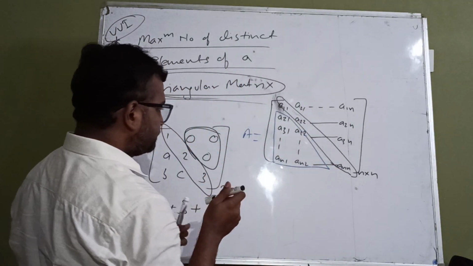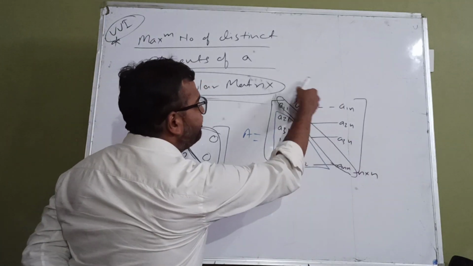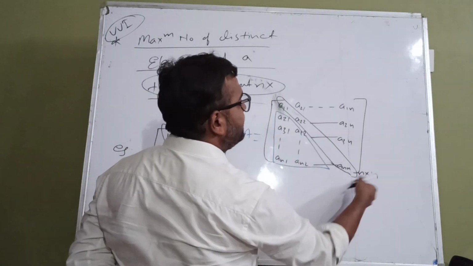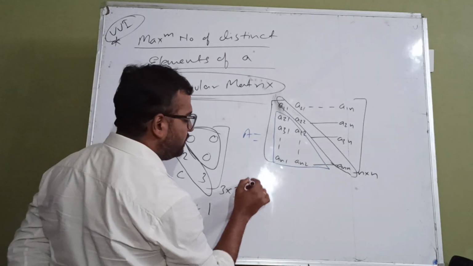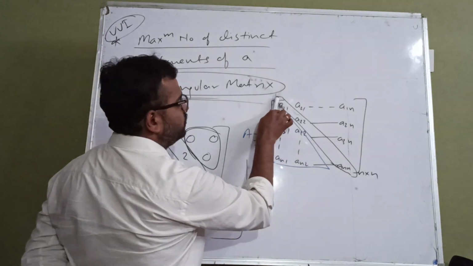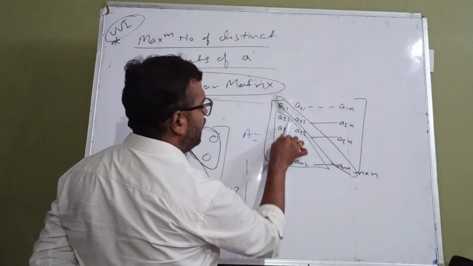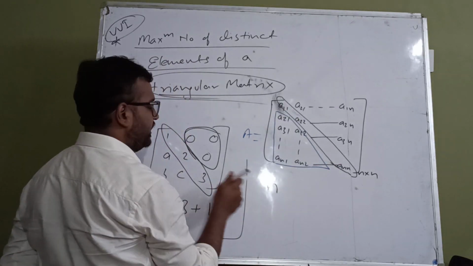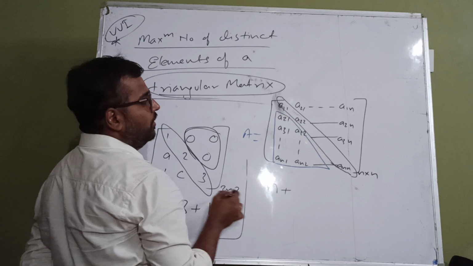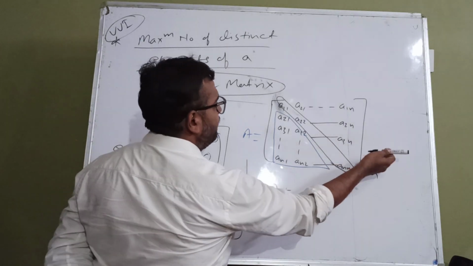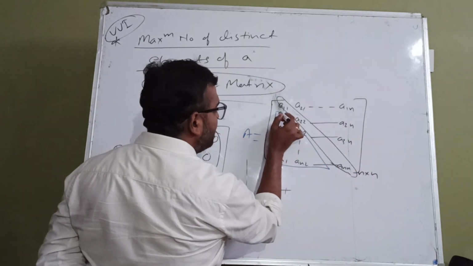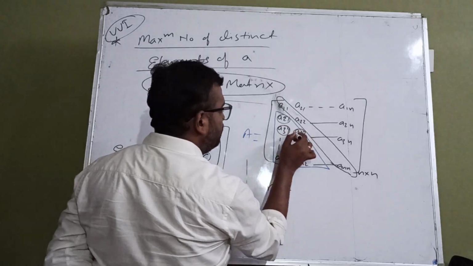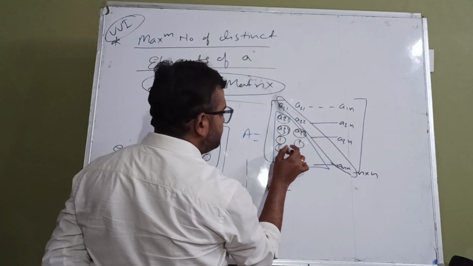So how many maximum distinct elements can there be? If it is of order n by n, then n distinct diagonal elements can be there. Plus, in the upper triangular matrix, all elements below the diagonal are 0.